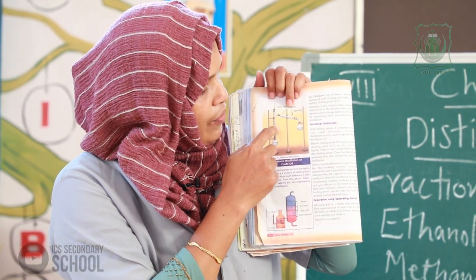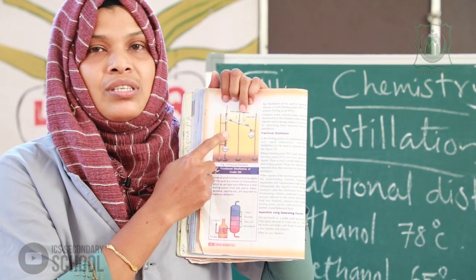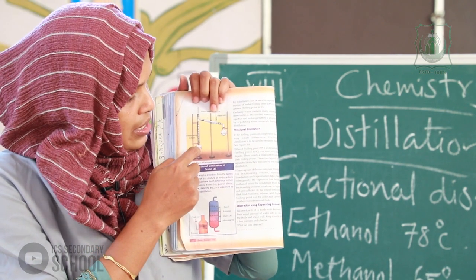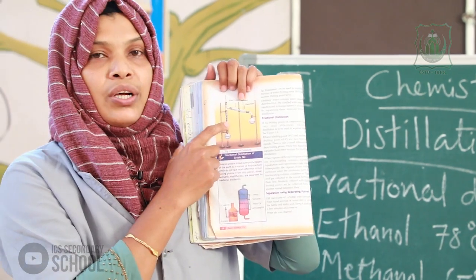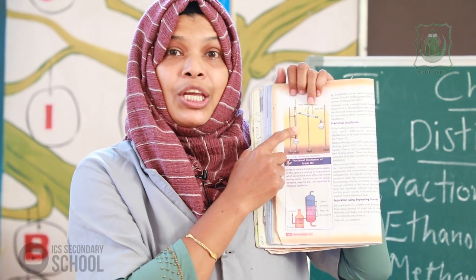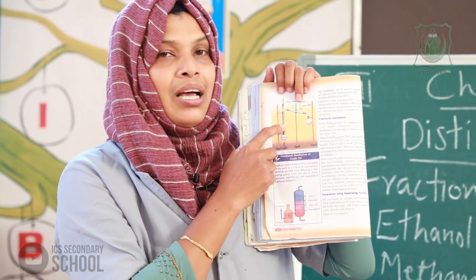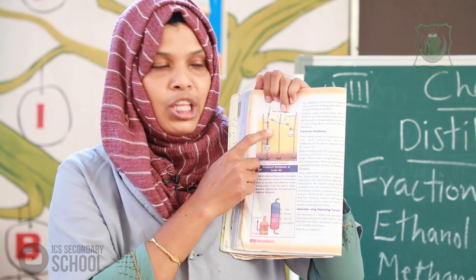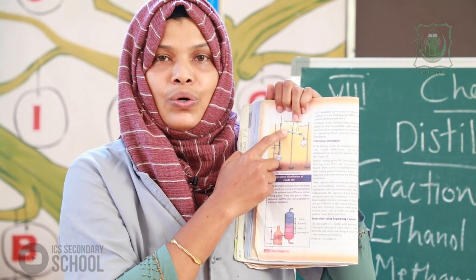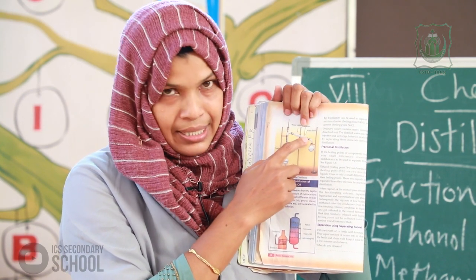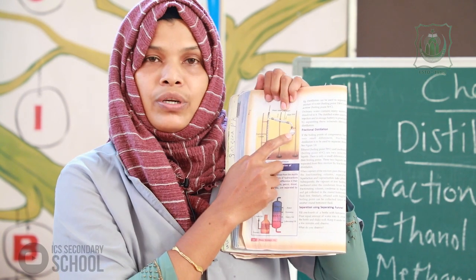Then the vapors undergo repeated liquefaction and vaporization, and at last the vapors of low boiling point methanol enter the condenser, and we can collect the methanol in a round bottom flask.